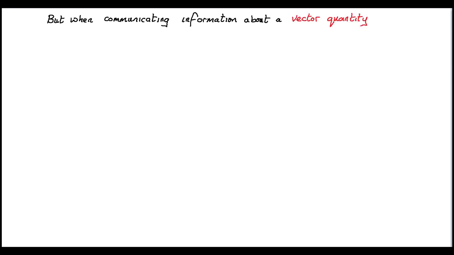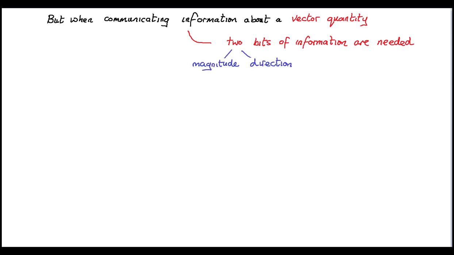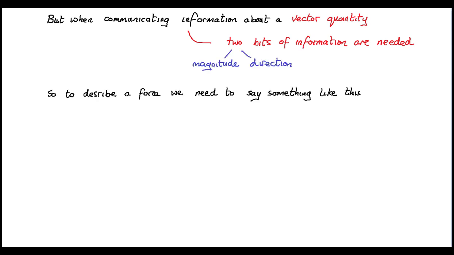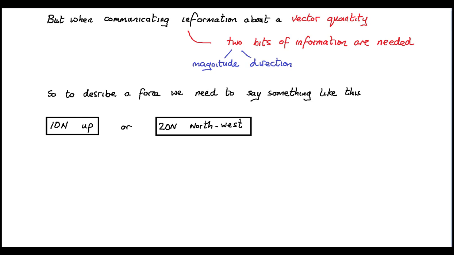Communicating information about vector quantities is slightly trickier because two bits of information are needed: the magnitude and the direction. For example, to describe a force, we need to say something like the force is 10 newtons in an upward direction, or 10 newtons up, or 20 newtons northwest.